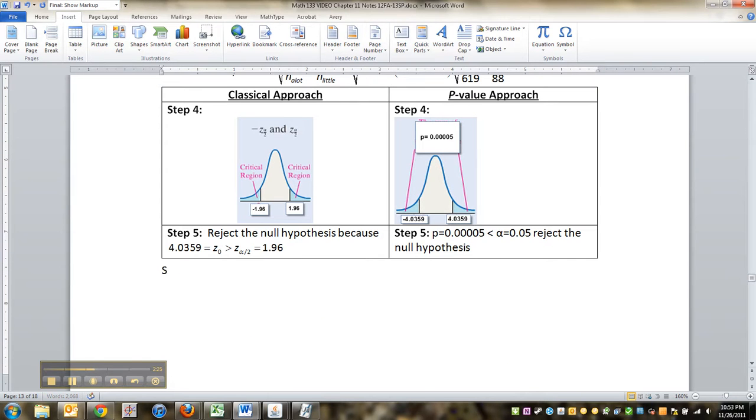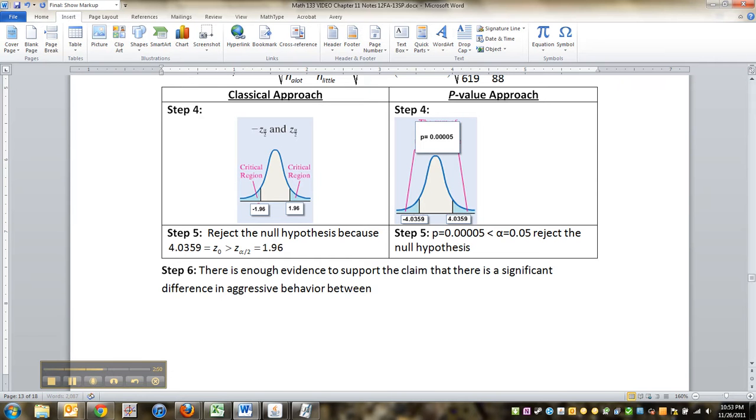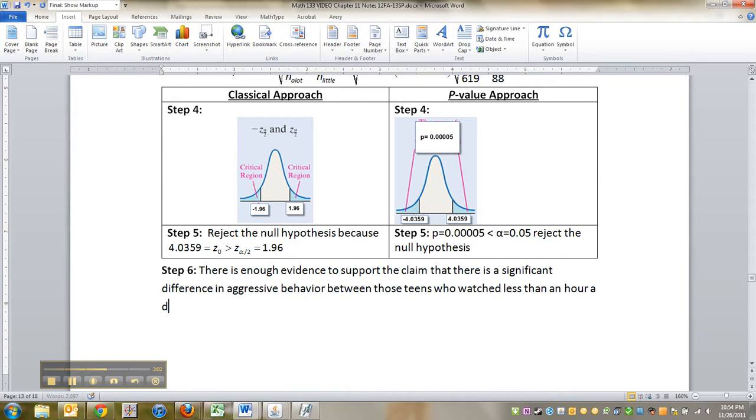Then step 6, we would say there is enough evidence to support the claim that there is a significant difference in aggressive behavior, aggression levels, whatever, between those teens who watched less than an hour a day of TV and those who watched more than an hour a day.